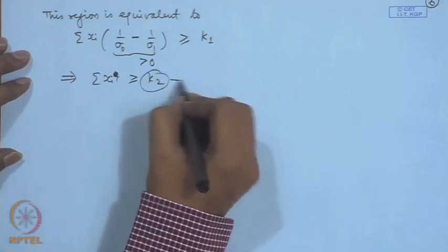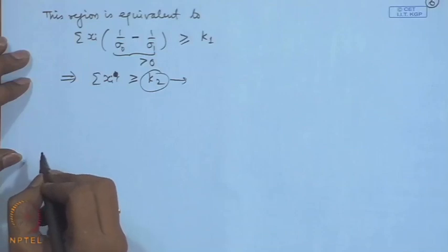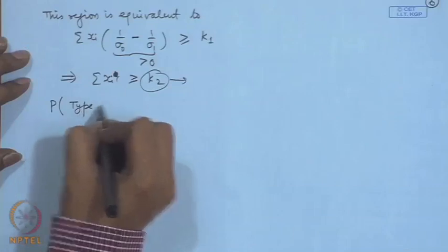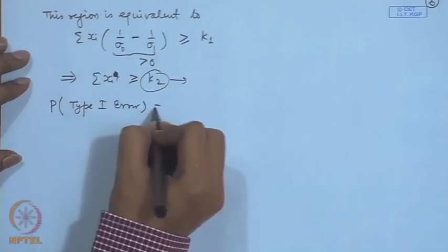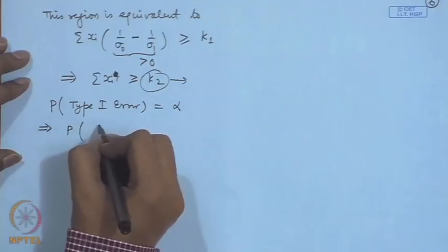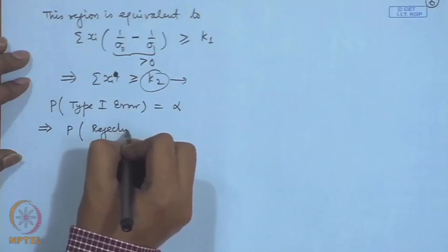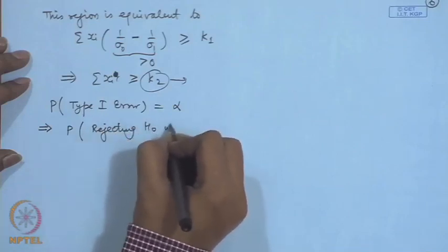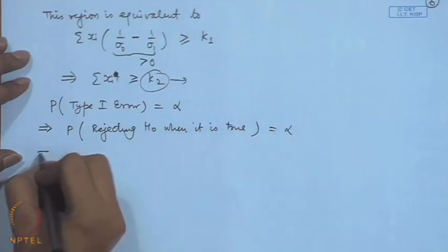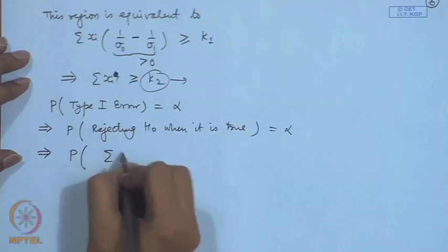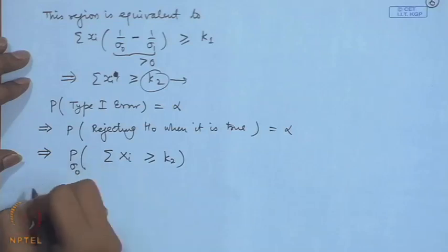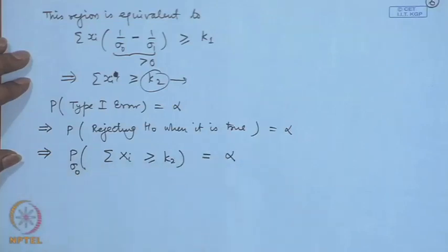And once again this k2 is to be determined from the size condition. So, if I consider probability of type 1 error equal to alpha, that means probability of rejecting H naught when it is true is equal to alpha, then this implies probability of sigma X_i greater than or equal to k2 when sigma naught is the true parameter value is equal to alpha.